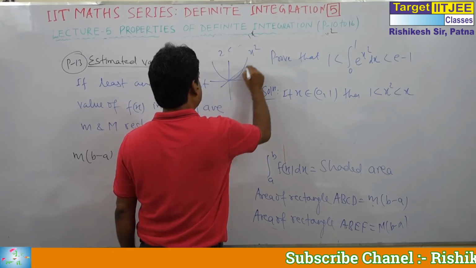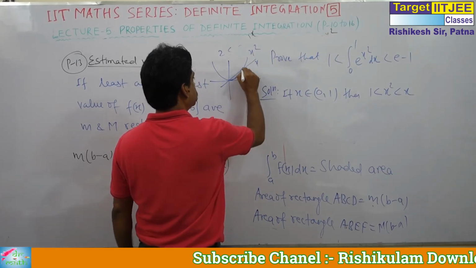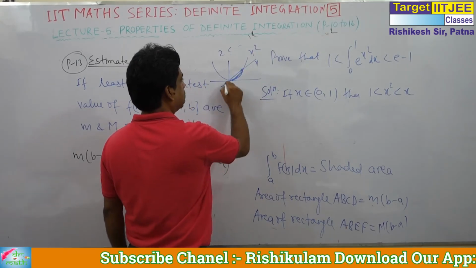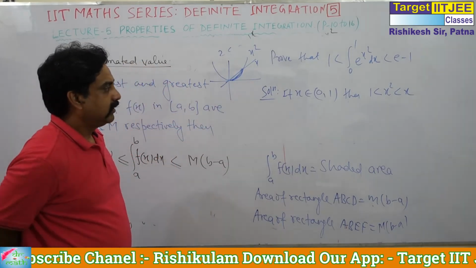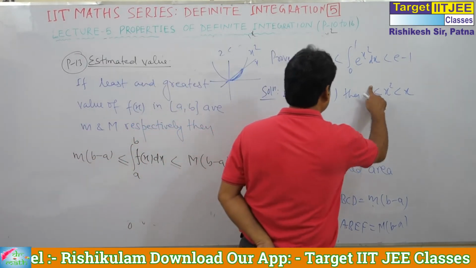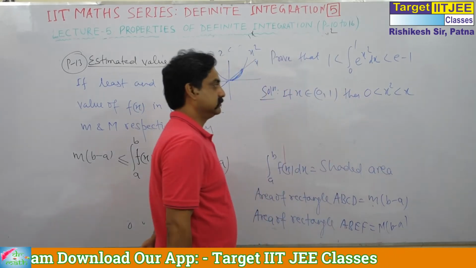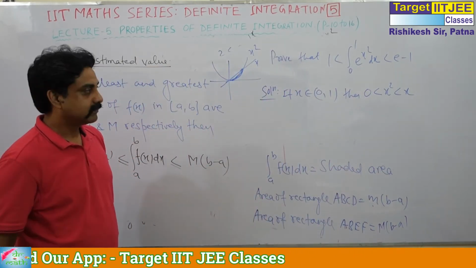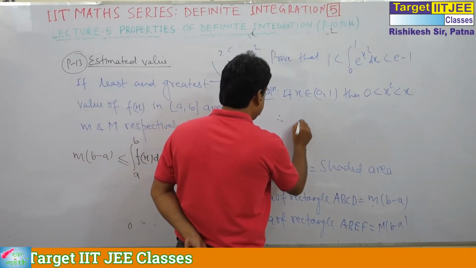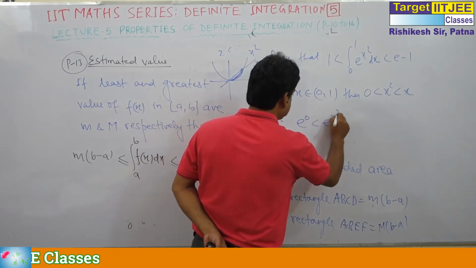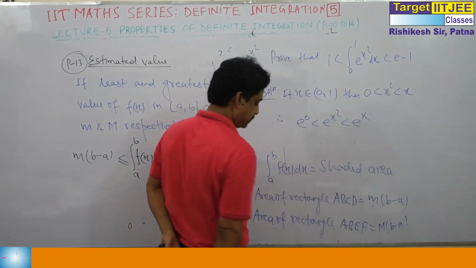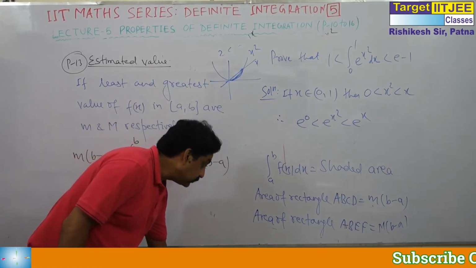This is x square, this is x in this portion. X square less than x, greater than 0. So we can write e to the power 0 less than e to the power x square less than e to the power x.